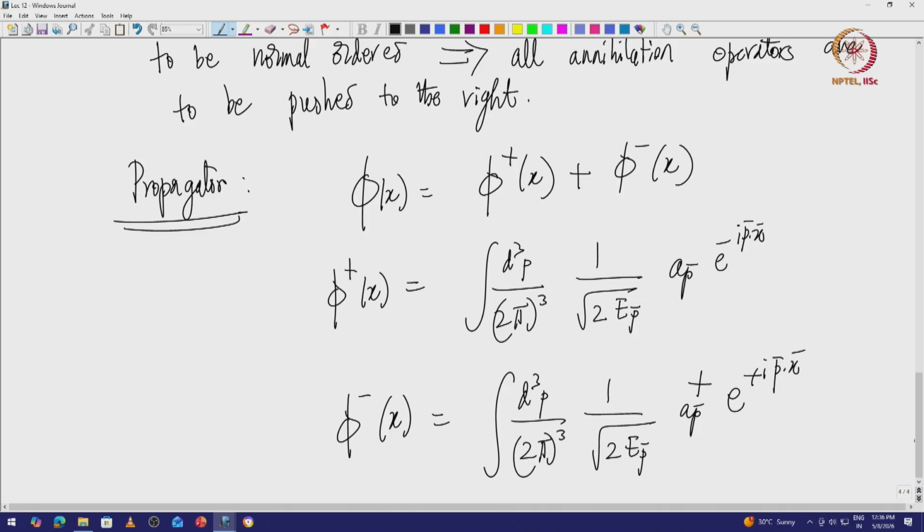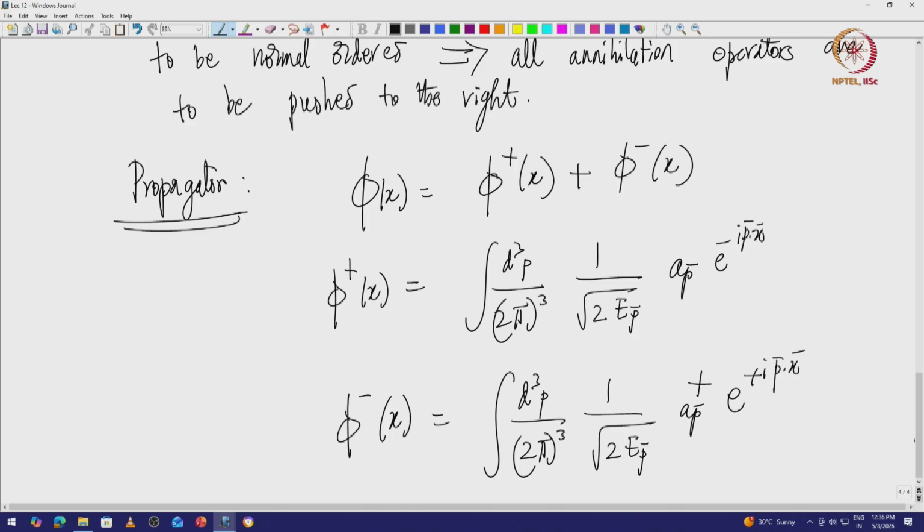That's negative energy plane waves. Now this phi plus and phi minus notation needs care, because phi plus dagger is equal to phi minus, but anyway. So phi plus has positive frequency, positive energy states, and phi minus has negative energy states.